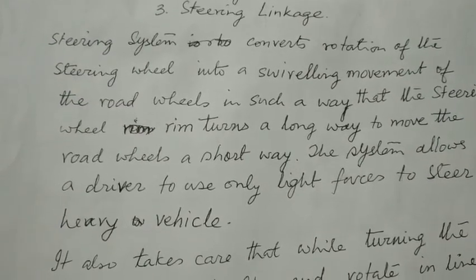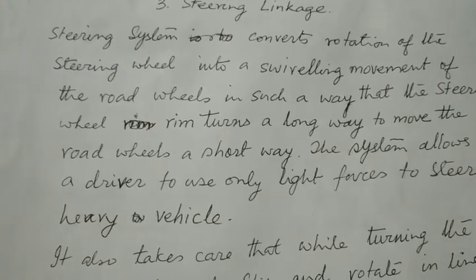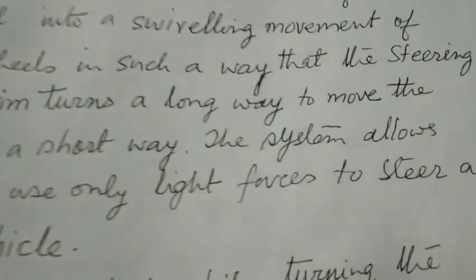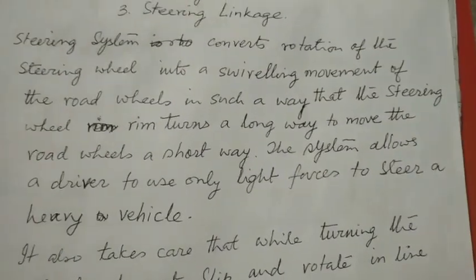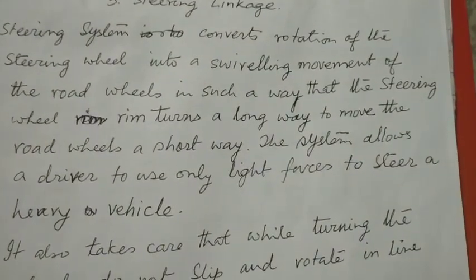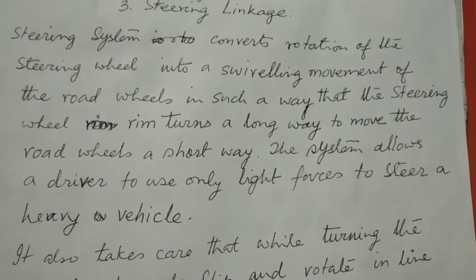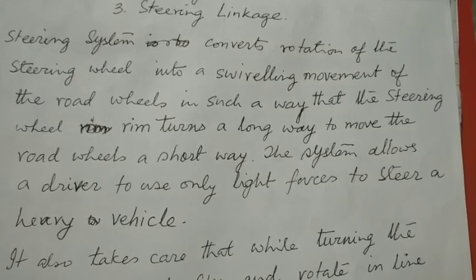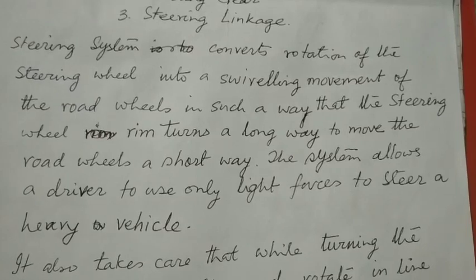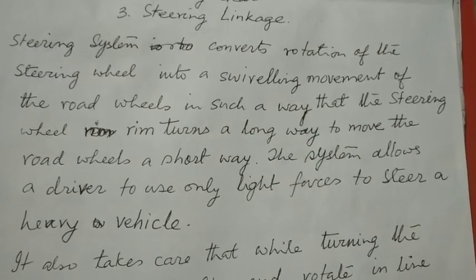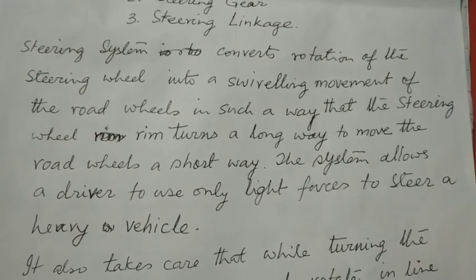So the effort applied by the driver on the steering wheel is a very small, light force, and the vehicle, even if it is heavy, starts turning at the will of the driver towards the right or the left. The steering wheel movement is larger compared to the amount the front wheels have to turn.